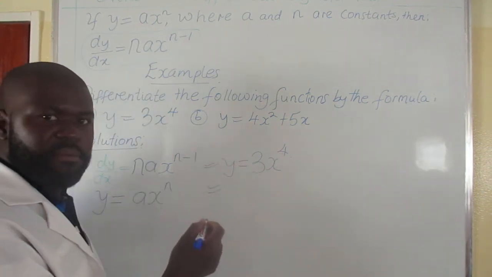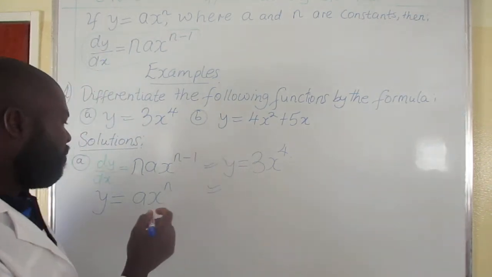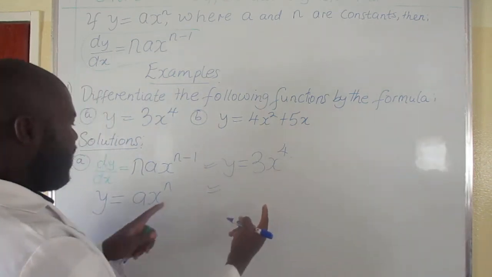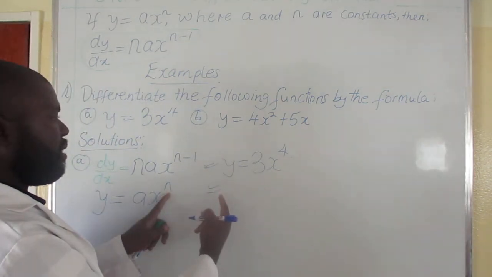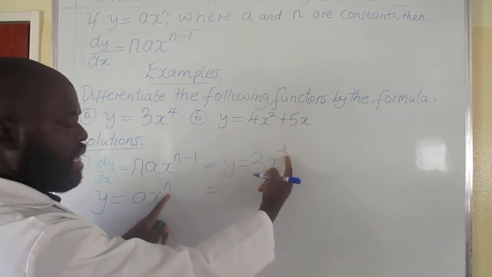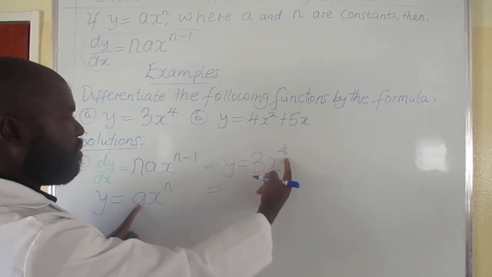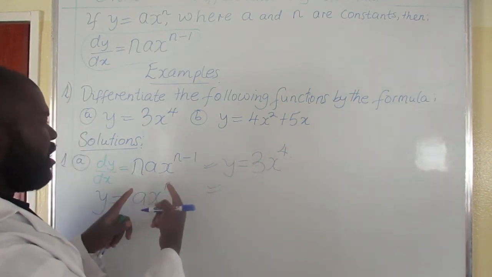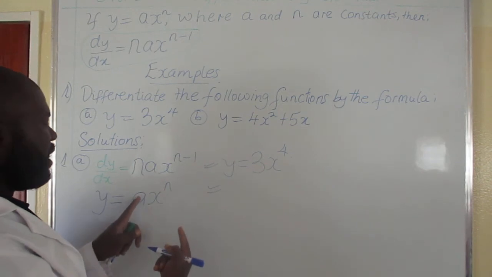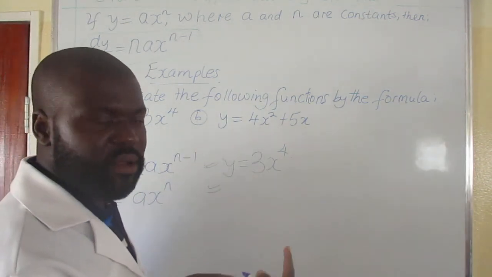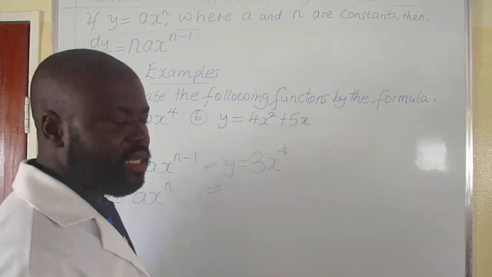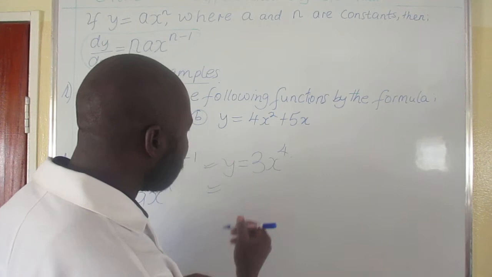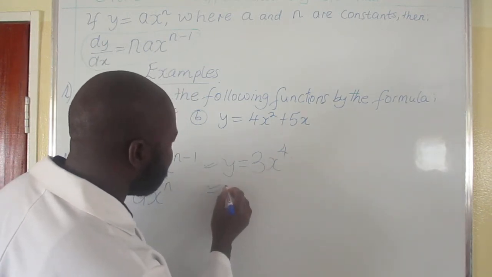So using the formula, we have to know the values of a and n. You can see n, which is the power, is 4 here, and a, which is the coefficient of x power 4, is 3. So we need to multiply the power by the coefficient, then the power reduces by 1. Then we would have differentiated fully by the formula.